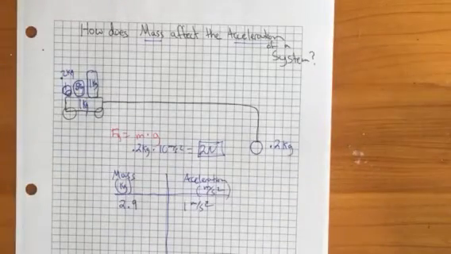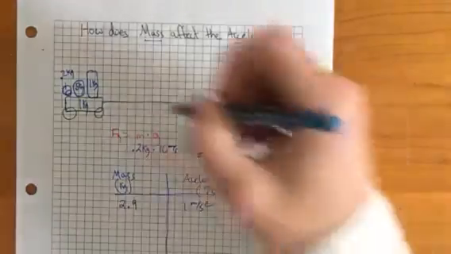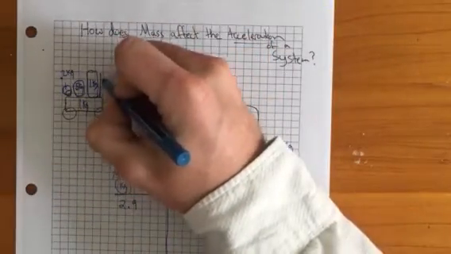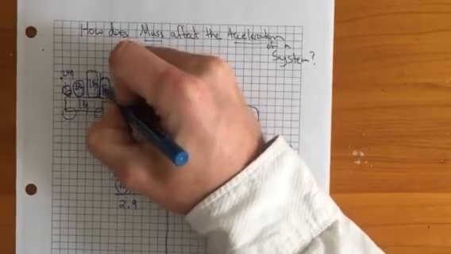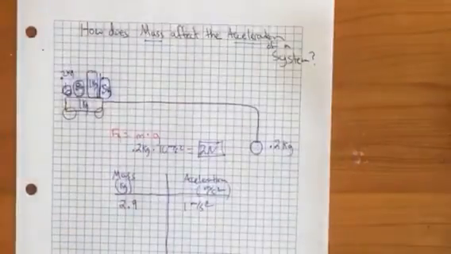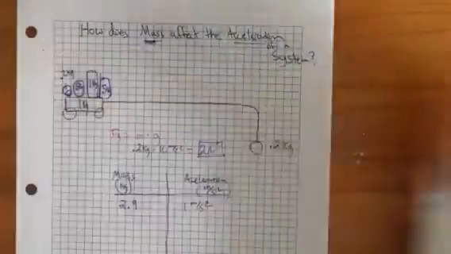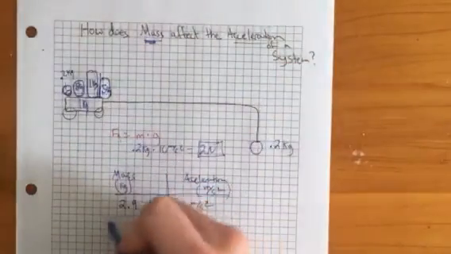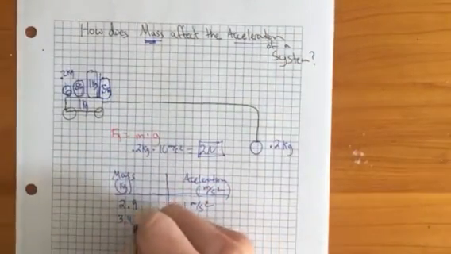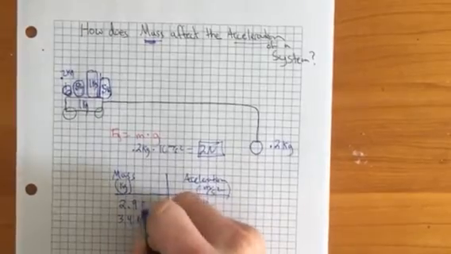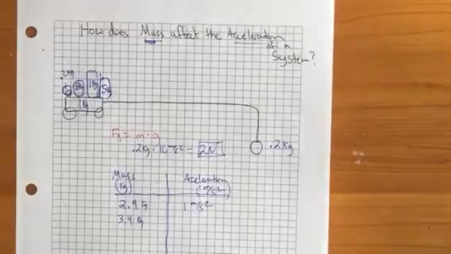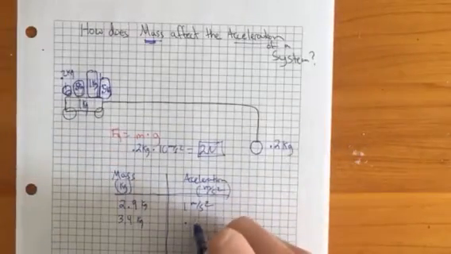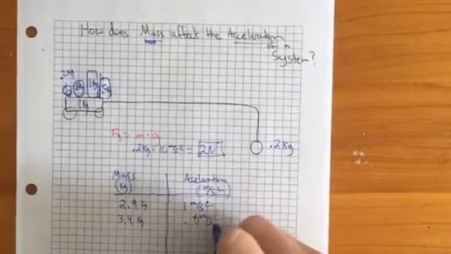And then our next data point, we added another mass. Say we added 0.5 kilograms of mass to the cart. So we're changing the mass of the system. And now we have 3.4 kilograms, and we find that the acceleration is 0.8 meters per second squared.